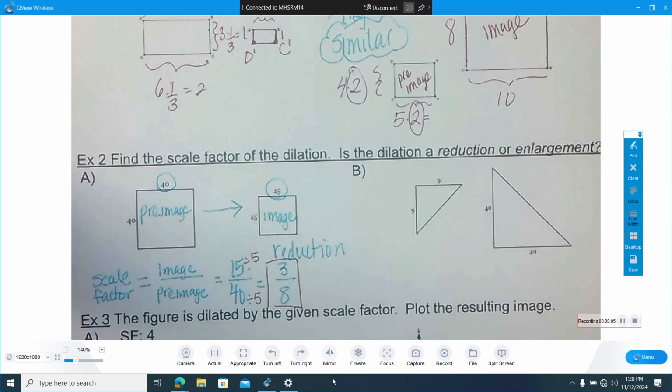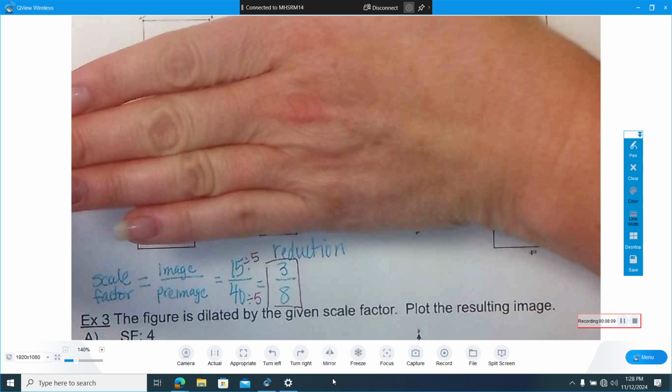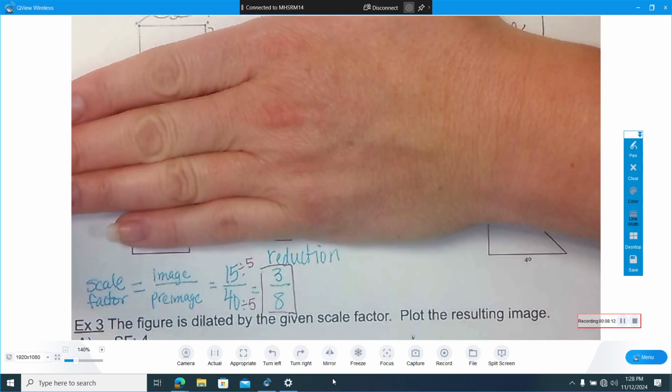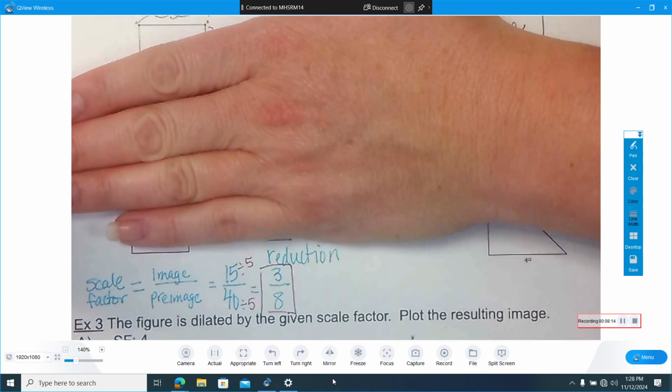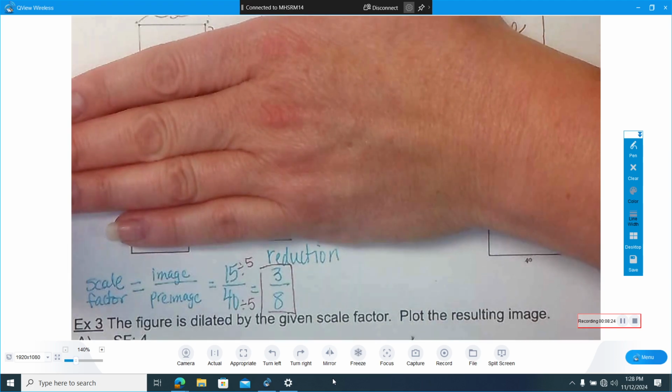Now, that scale factor is nice because not only can we figure out if that image is a reduction or an enlargement, but just looking at that scale factor, just looking at those numbers, is it going to be an enlargement or a reduction? Reduction, why?